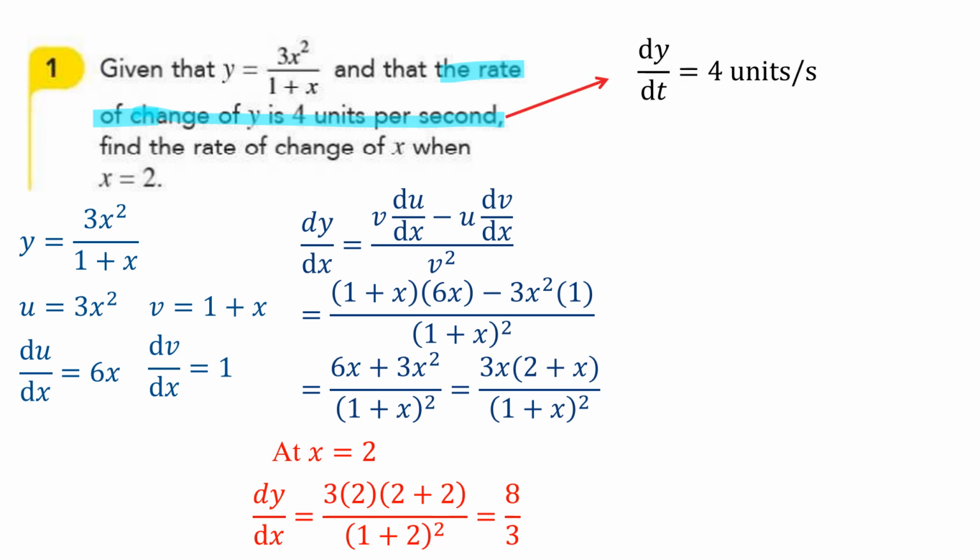So you must be able to convert all these English words into mathematical symbols. And then what are we supposed to find? We're supposed to find the rate of change of x. Yes, we need to find dx/dt. So we need to form the connected rate of change for dx/dt.